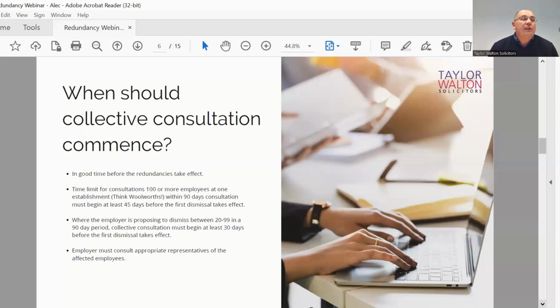I say it's good practice to let employees know in advance that redundancies are unfortunately a possibility, and that proposals are coming forward.